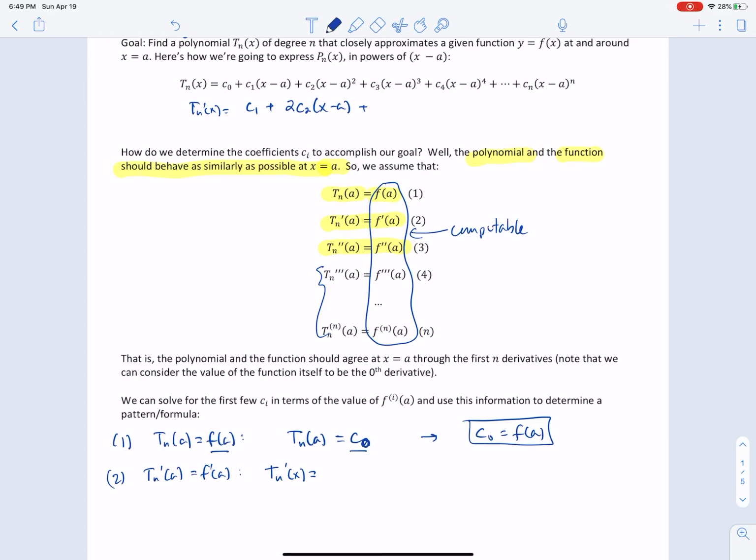The next one I'm going to get 3 c sub 3 times (x minus a) squared times 1, plus 4 c sub 4 times (x minus a) cubed times 1, and so on. At the end, I'm going to get n times c sub n times (x minus a) to the n minus 1. I'll write that down here so we don't have to keep referring up to the top.